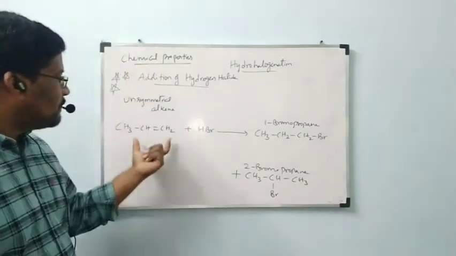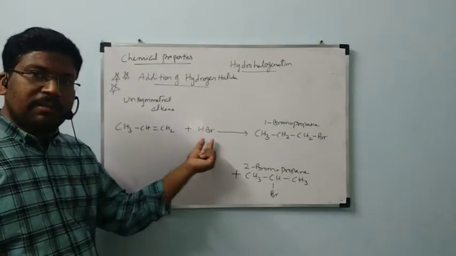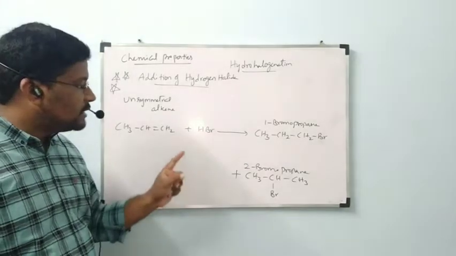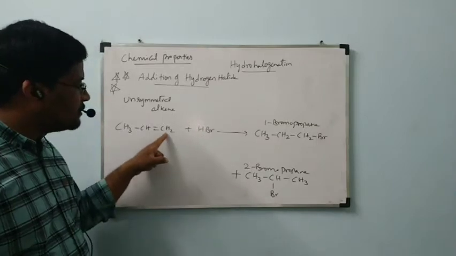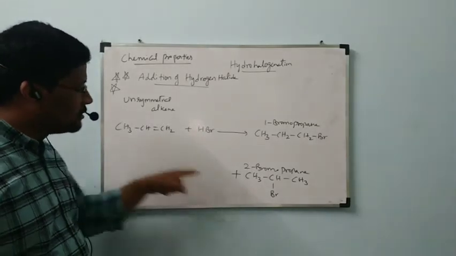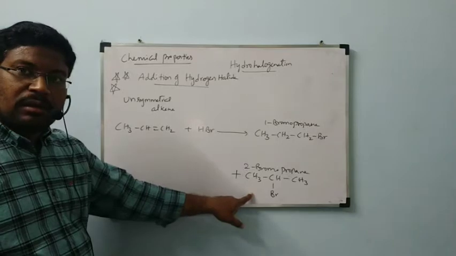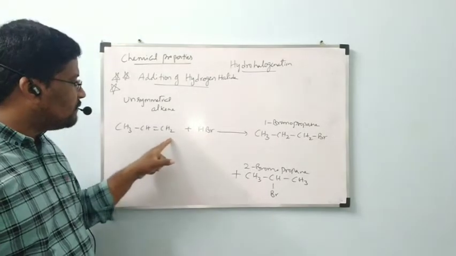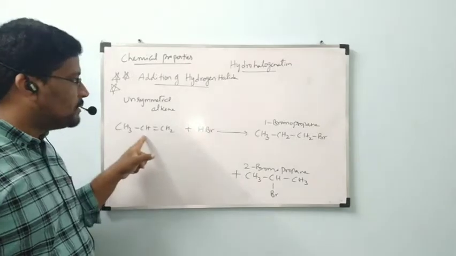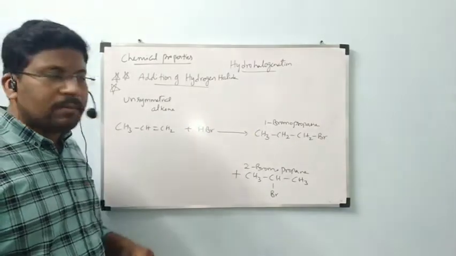Okay, see. When an unsymmetrical alkene reacts with HBr, there are two chances. Hydrogen is added to the first carbon and bromine is added to the second carbon, then we will get this one. And one more chance: bromine is added to the first carbon, hydrogen is added to the second carbon, we will get 1-bromopropane.